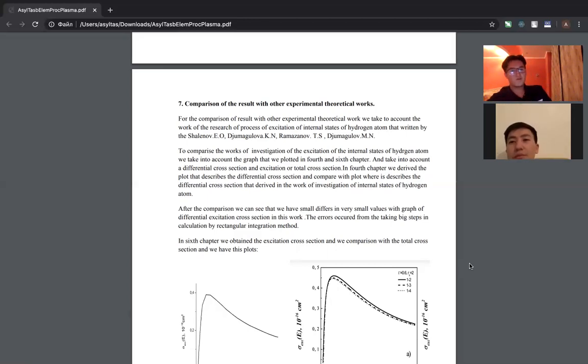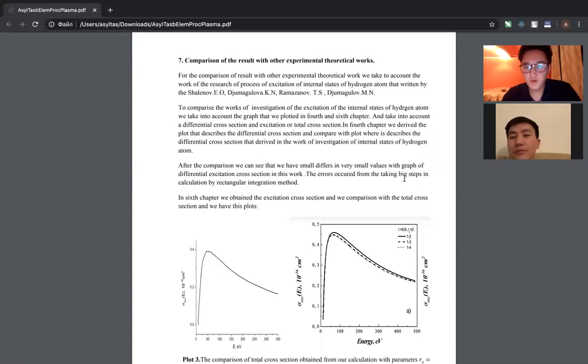In the first chapter, we derived the plot that describes the differential cross-section and compared it with the plot of the differential cross-sections derived in the work on investigation of internal states of a hydrogen atom. After the comparison, we can see that we have a small difference in very small values of the differential excitation cross-section in this work.